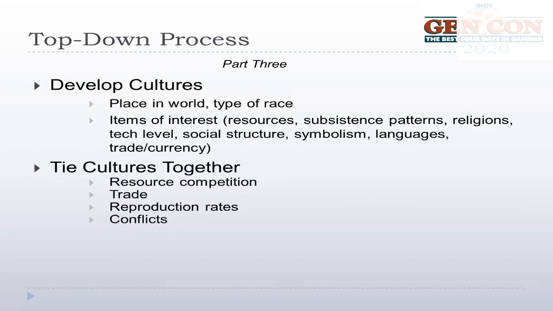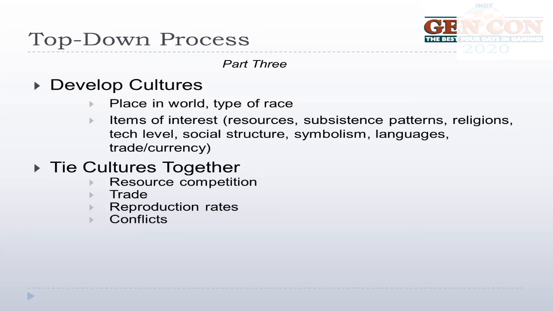Okay. Then develop those cultures. So put them in the world. What type of intelligent creature is associated with a particular culture? Is a culture a blend of more than one species of intelligent creature? I would say that's a difference between a Tolkien-esque world where the intelligent species were all different, versus something like the Shannara series, where they all kind of worked together in the Four Lands, and there was a lot of intermixing of them.